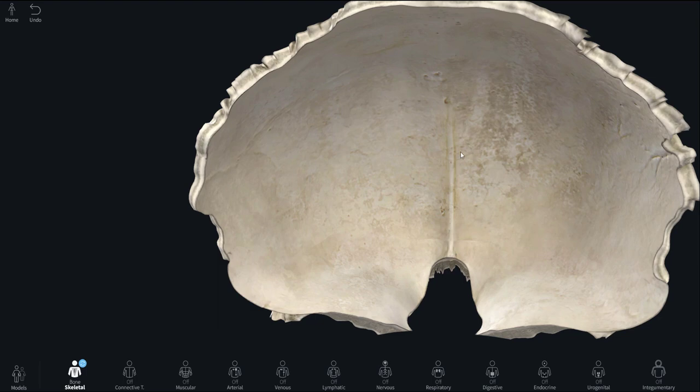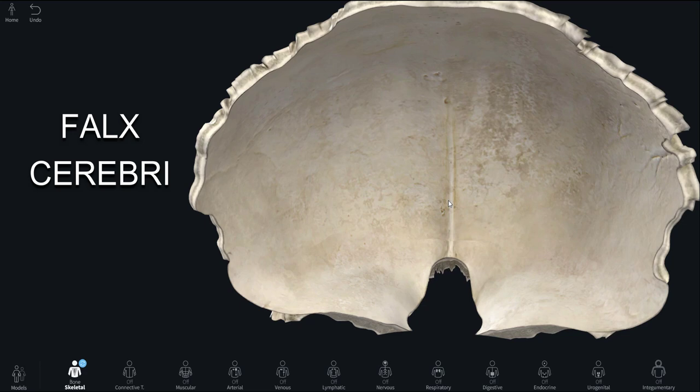Now, this frontal crest is actually a sharp crest, and although it's not as clearly shown here as it would be in an actual human skull, it has two margins. The margin of the frontal crest provides attachment to the falx cerebri.